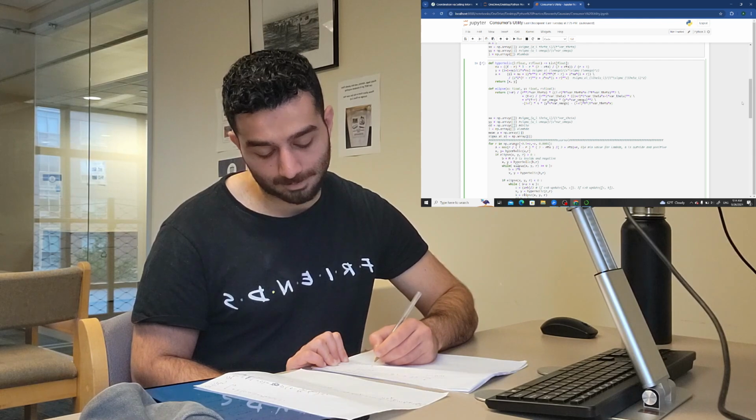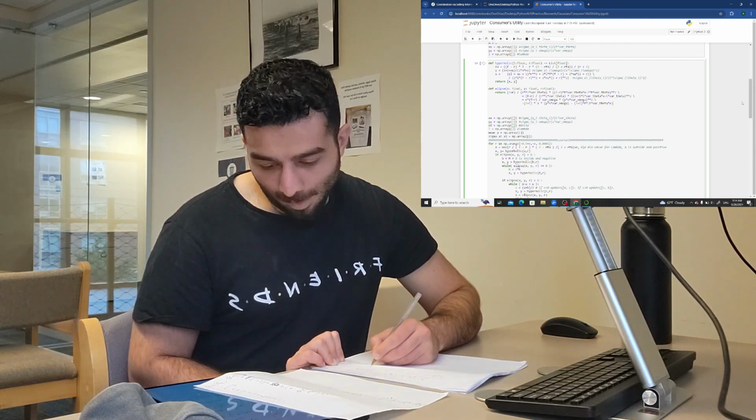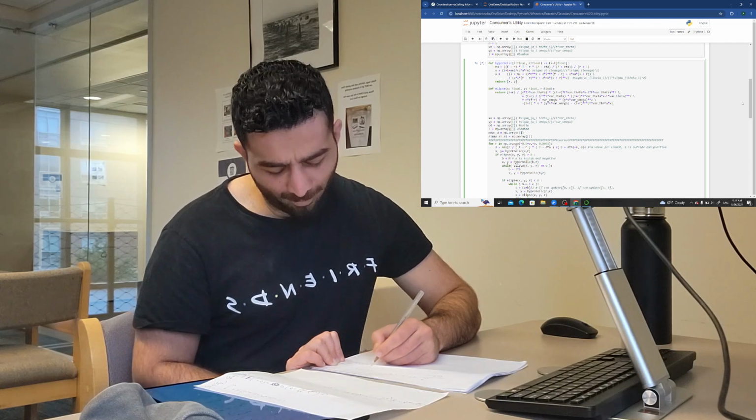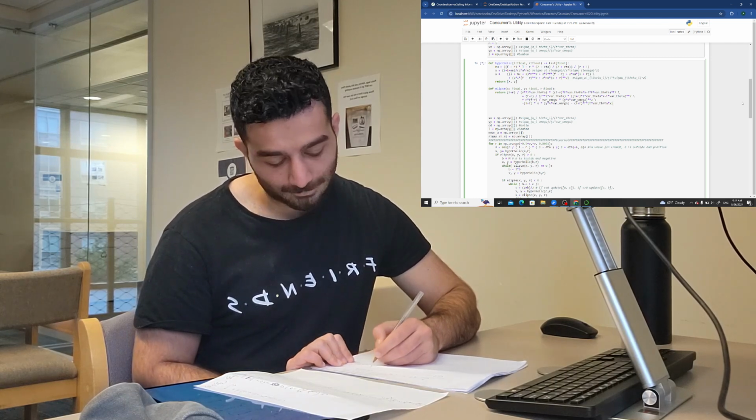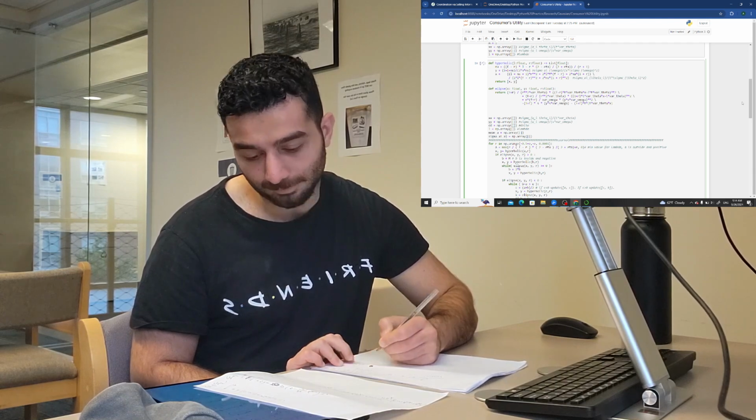S lambda plus, just compute it based on nu.